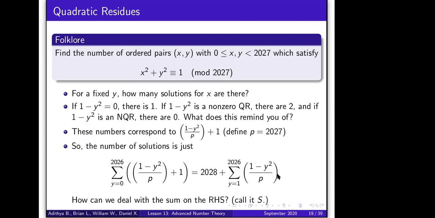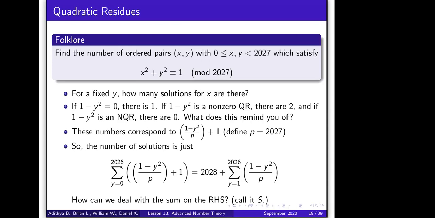So how can we deal with the sum on the right-hand side? Well, in general, sums like these are really hard to deal with. So for this question, we're going to use a special trick.